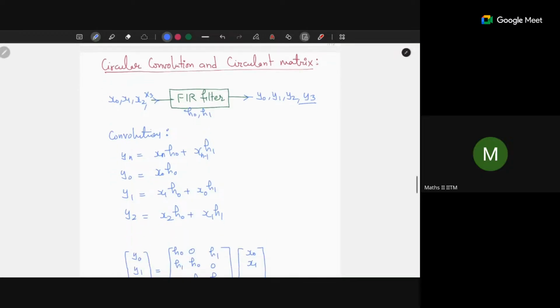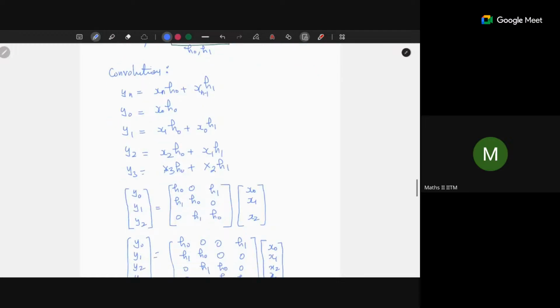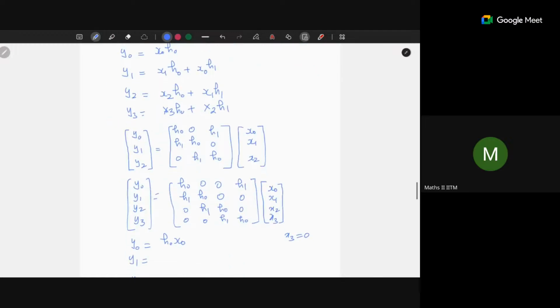So y3 can also be defined like this. Y3 is x3 times h0 plus x2 times h1, right? This is y3, which will be just x2 times h1 in this case.